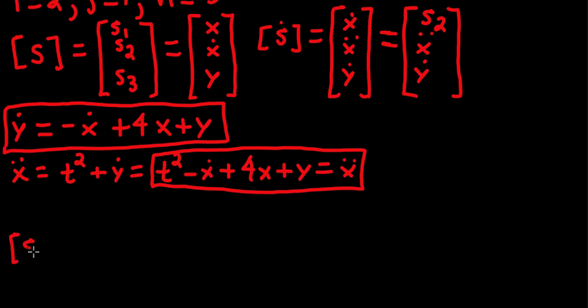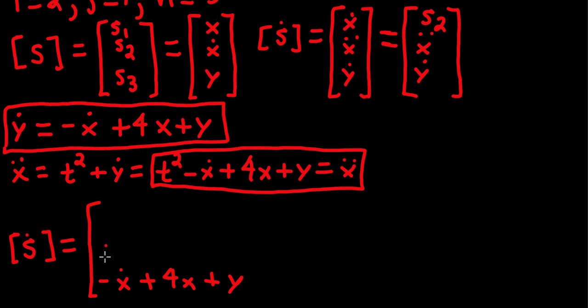So if I were to write out s dot, that would give me negative x dot plus 4x plus y on the bottom, t squared minus x dot plus 4x plus y in the middle, and just s2 on the top.